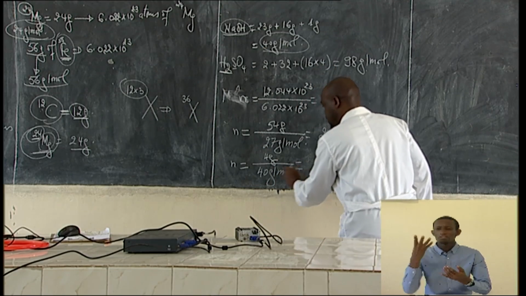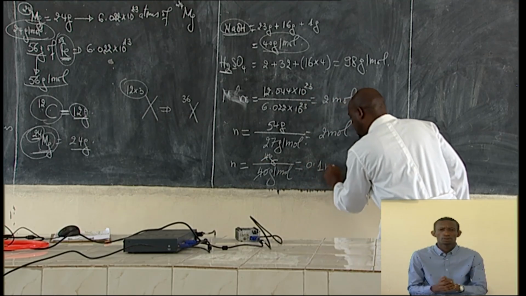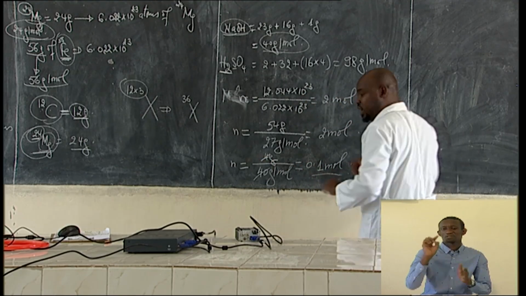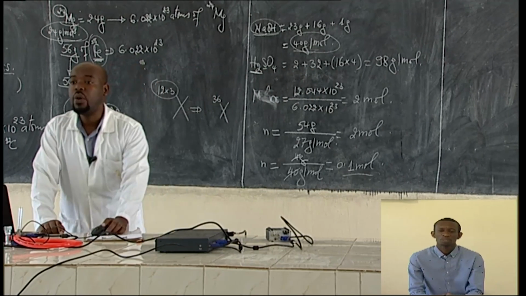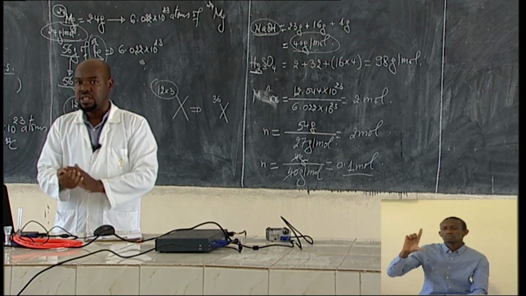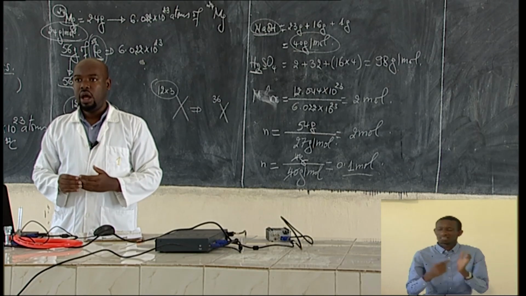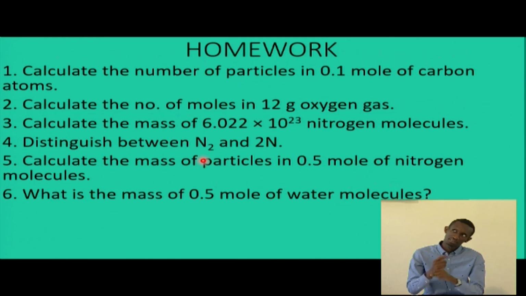And what do we get? We get 0.1 mole. So these are some of the examples showing how we can determine the number of moles. We will get more examples. This is an introduction. And you will try the homework we have.